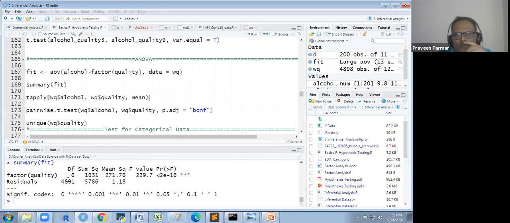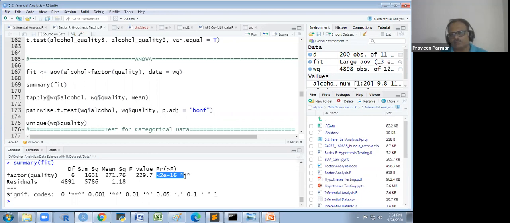But in the ANOVA test, what happens? The p-value is less than 0.05. It means there is a significant difference in alcohol across various wine qualities. So the percentage of alcohol has a significant difference in various qualities.